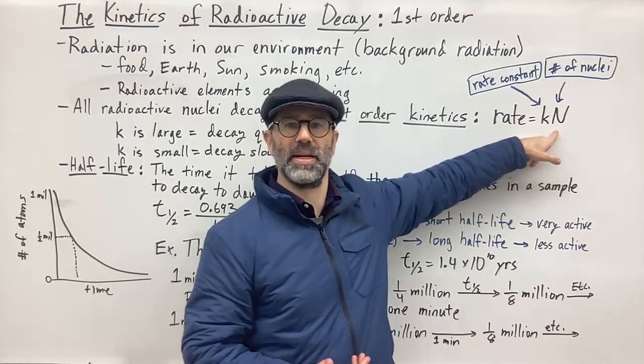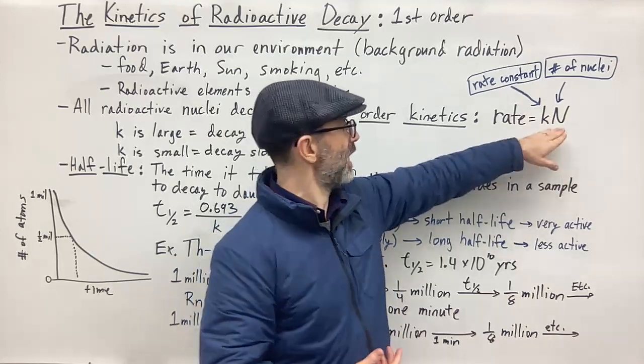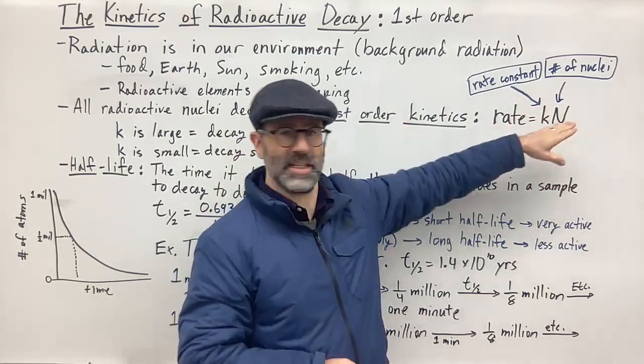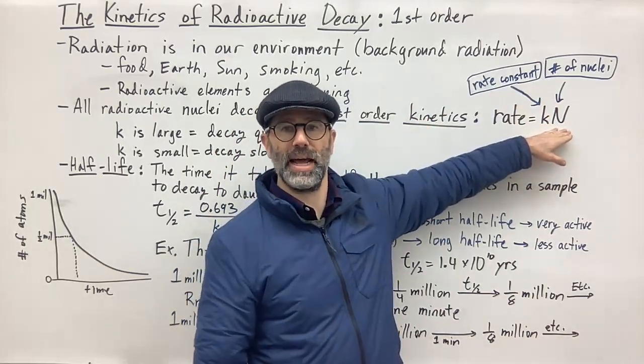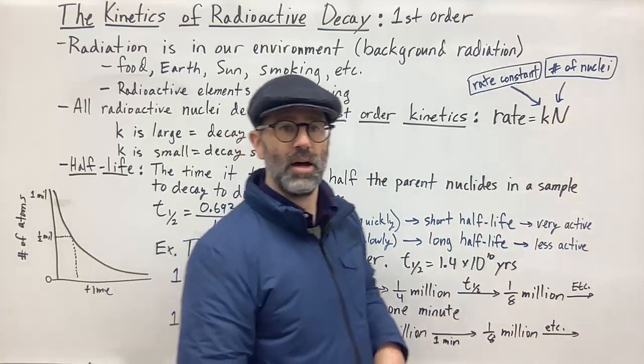So it only depended on the concentration of reactant. In this case, our reactant is the radioactive nuclei that's going to undergo the decay. So this is our rate law.